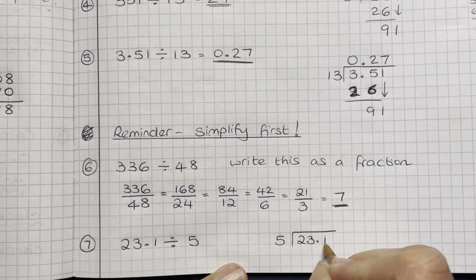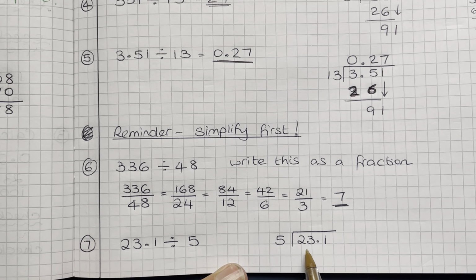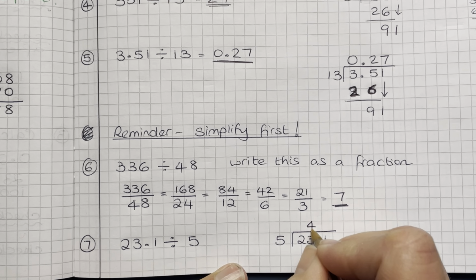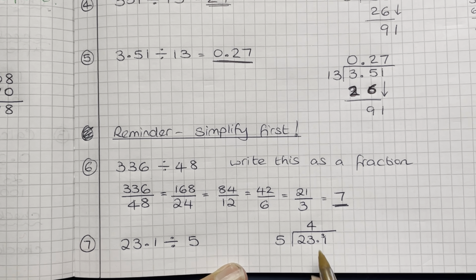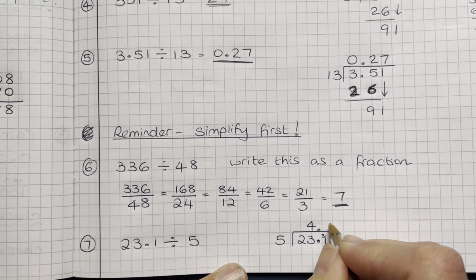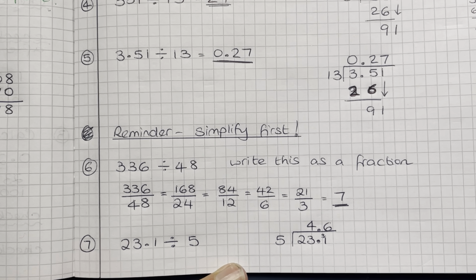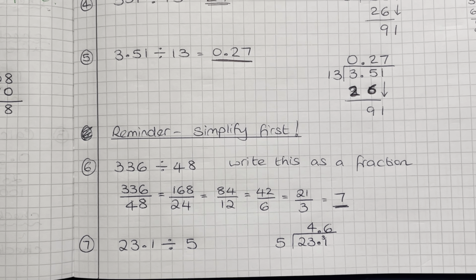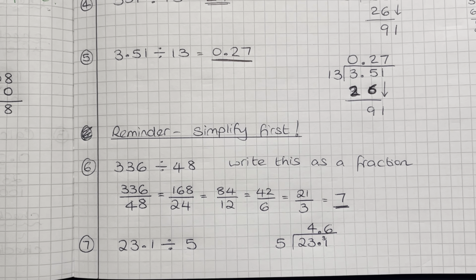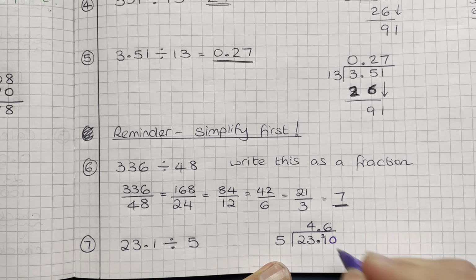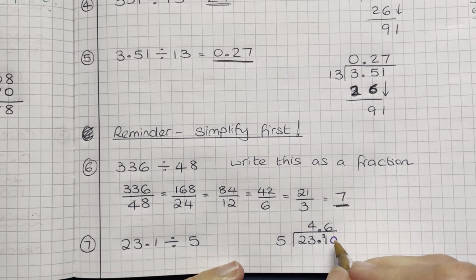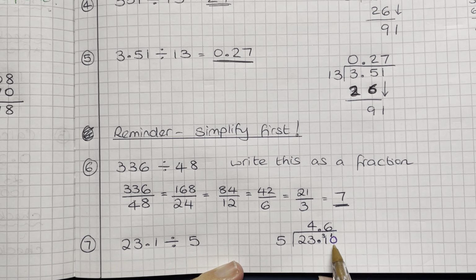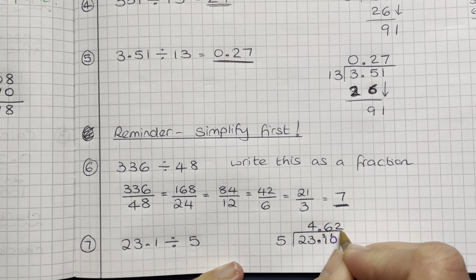We've got 23.1. 5 goes into 23 4 times remainder 3. It goes into 31, remembering to put that decimal point there, 6 times, but I've still got a remainder 1. So this is where I want to add in a 0 as a placeholder, which allows me now to put my 1 in here, and 5 goes into 10 2 times.